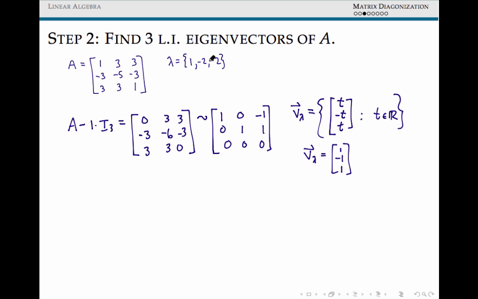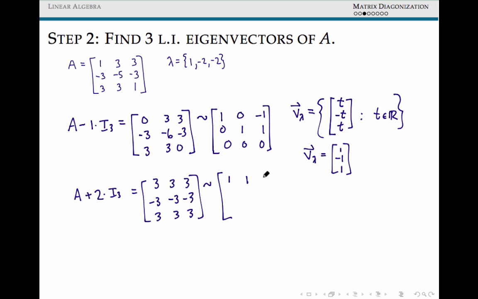For our second distinct eigenvalue, -2, we'll form the matrix A minus -2 times the identity, which will be 3, 3, 3, -3, -3, -3, and 3, 3, 3. You note that this is actually row equivalent to a matrix with two free variables.